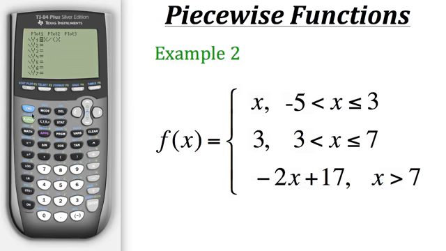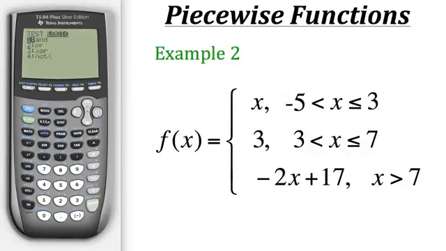So we'll do x, and then go to test, and then put in our greater than symbol, and then type in negative 5. But now we also want x to be less than or equal to 3. So we need to specify that we want both of those conditions to happen at the same time. So what we could do is we could go back to test, and then there's the second tab called logic.